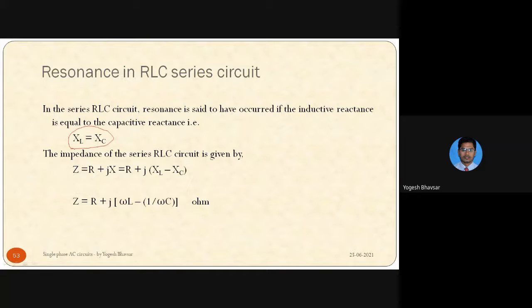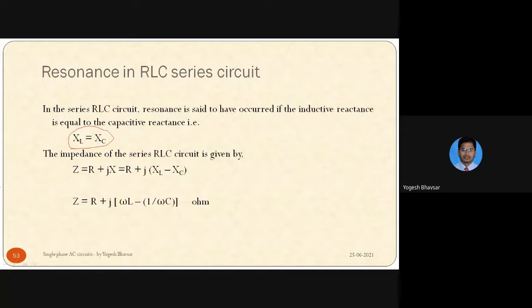At this condition, VL is equal to VC and both the voltages get cancelled, and there is only a resistive component present in the circuit. So the circuit becomes resistive. Inductive and capacitive components get cancelled because both are equal to each other and in exactly 180-degree phase opposition.